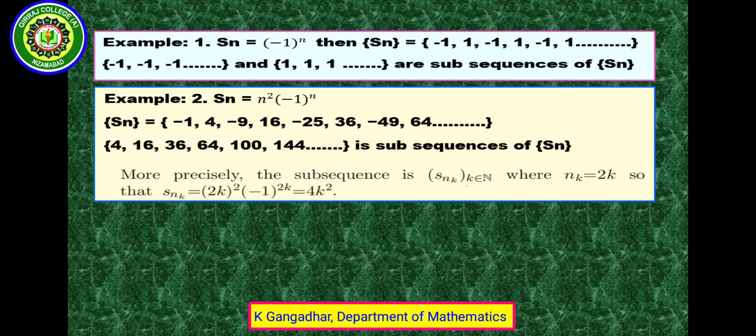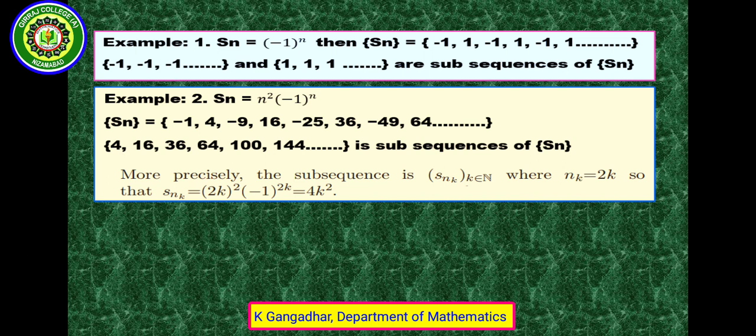These two sequences are subsequences of the given sequence. The terms -1, -9, -25, -49 are the negative terms sequence. And 4, 16, 36, 64 is the positive terms subsequence of the sequence Sn.